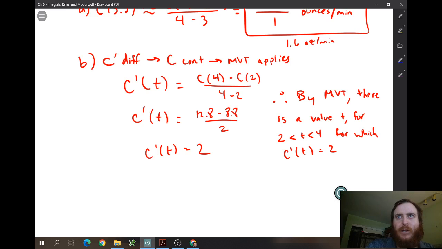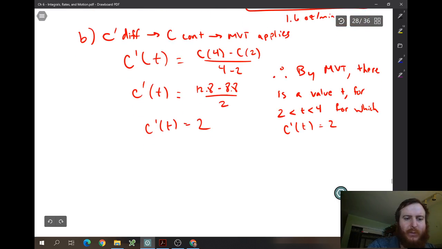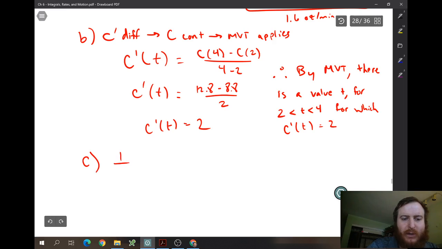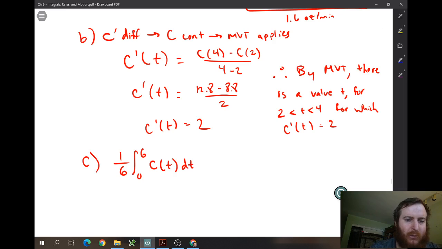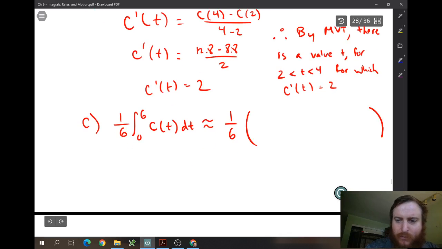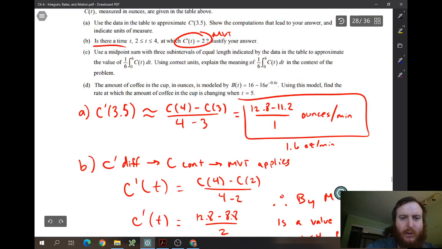Okay, C says use a midpoint Riemann sum with 3 subintervals to approximate the value of 1/6 the integral from 0 to 6 of C of t, and then to explain what that means. So first, let's do that, and then we'll state what it means. So the 1/6, you want to make sure that you put a big parentheses, because we're doing the midpoint formula and then multiplying by 1/6.